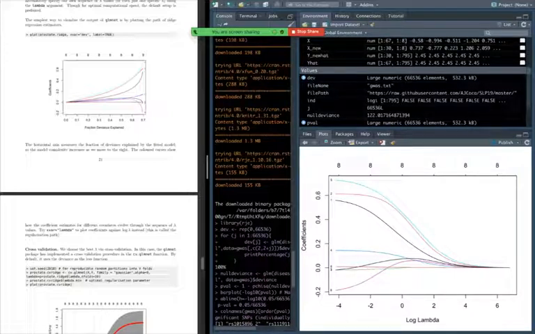What that is saying essentially is the same discussion that I had at the very beginning in the first practical: there is quite a difference between the interpretation of a coefficient when you include other variables and when you don't.